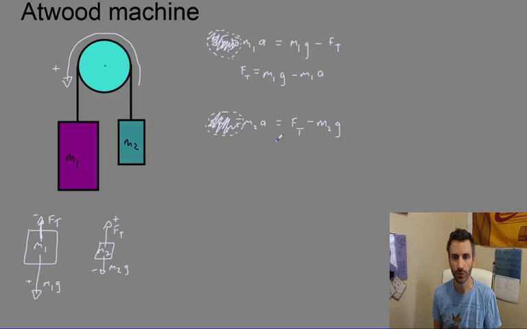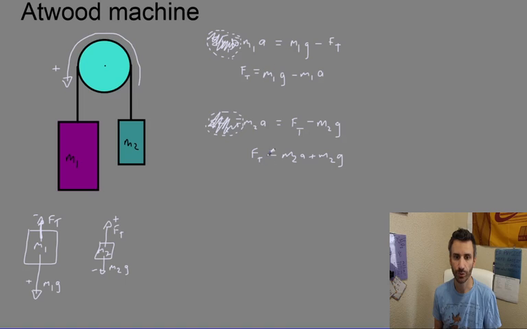Let's do the same thing for this equation down here. Let's get the force of tension all by itself. To do that will be simple. I will just add each side by m2g. So that means that the force of tension is equal to m2a plus m2g.